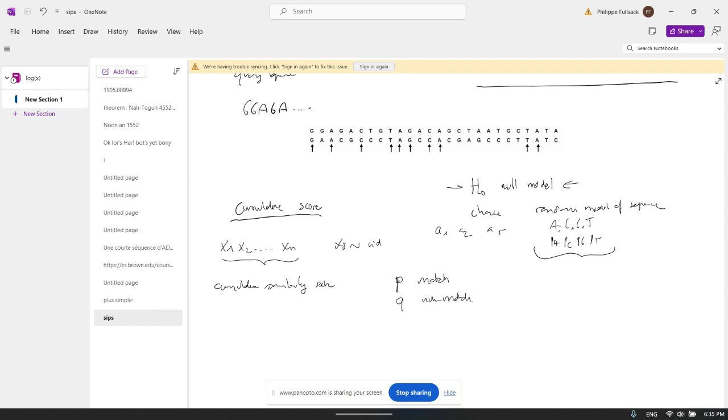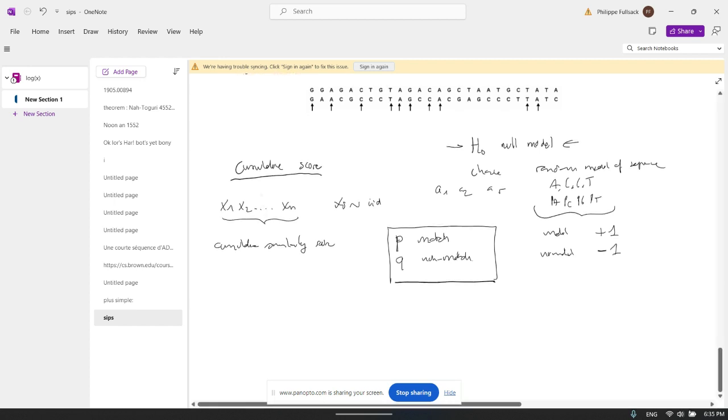I'm not going to analyze in detail what happens to A, C, G, T. I'm just interested in a match or non-match. And remember, a match means that I increase my score by +1, and a non-match means I decrease my score by 1.